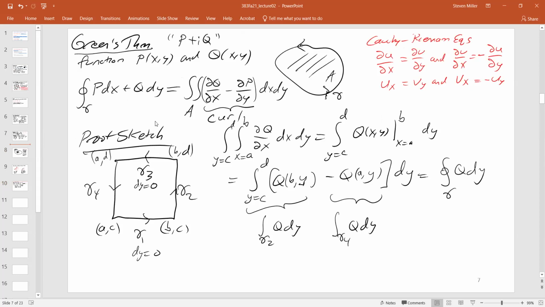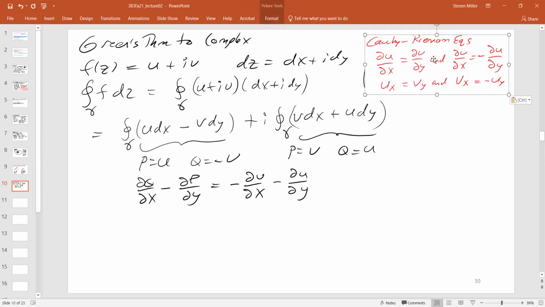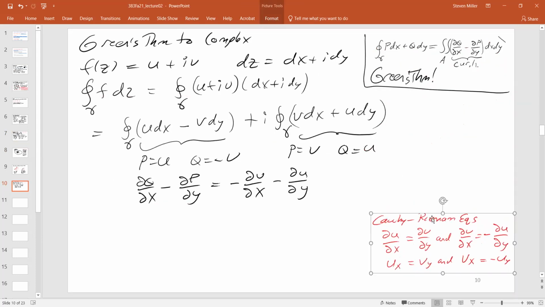0. Why is that equal to 0? Cauchy-Riemann. And so let's just paste the Cauchy-Riemann in here. And so by Cauchy-Riemann, du/dy is equal to negative dv/dx. So this whole expression has to be 0 by Cauchy-Riemann.